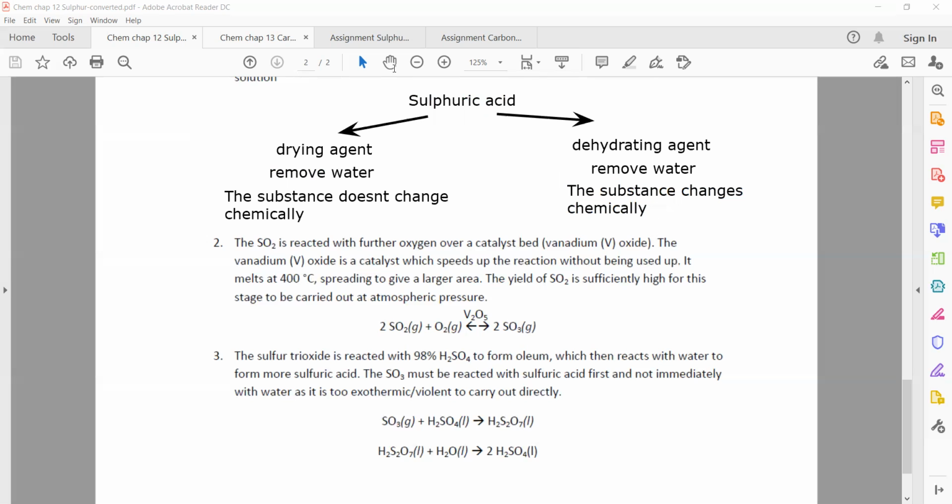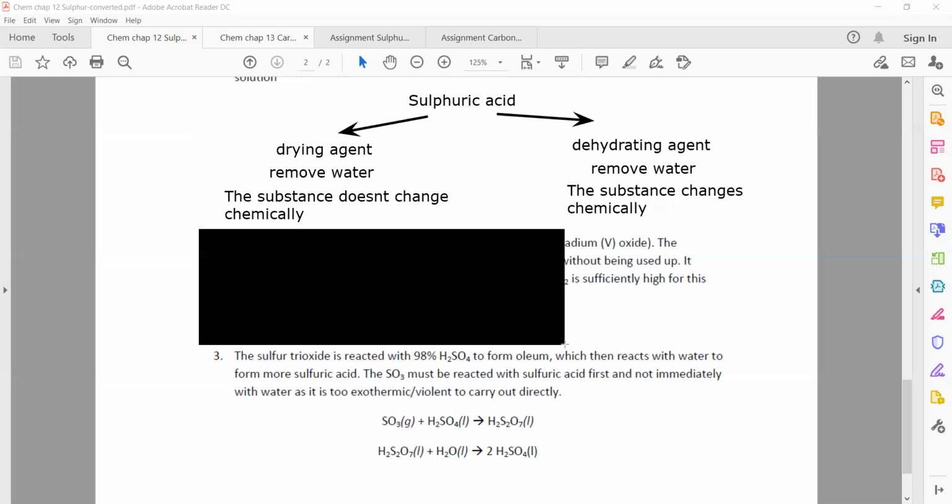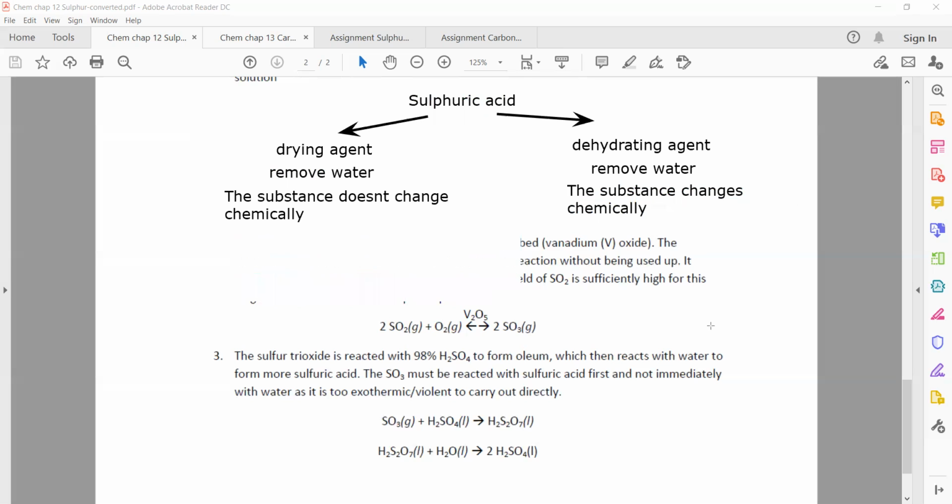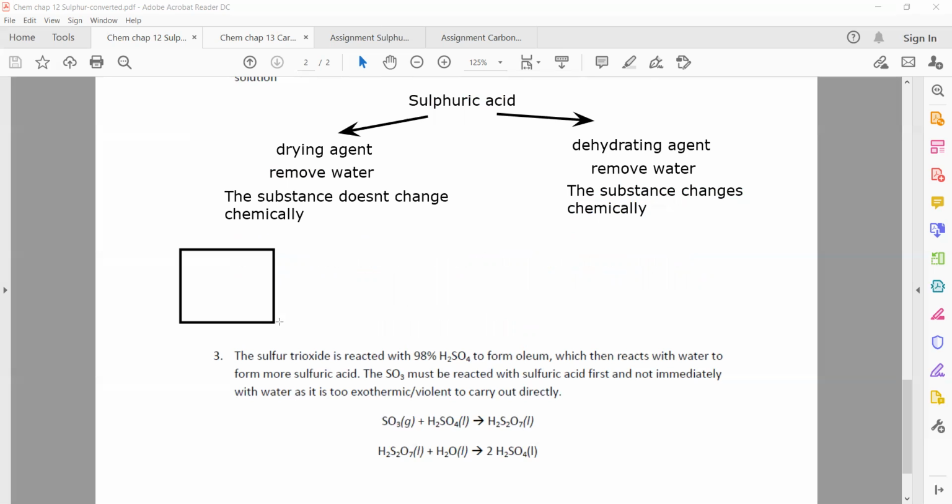So for example, if you have a container which is filled with concentrated sulfuric acid, H2SO4, the formula for sulfuric acid, we add moist air. Moist air means the air contains water vapors.